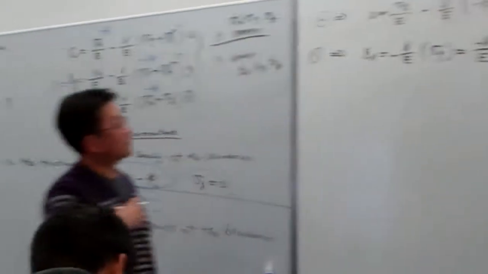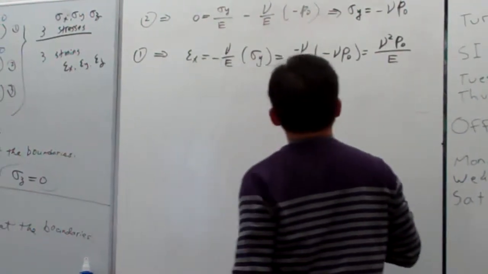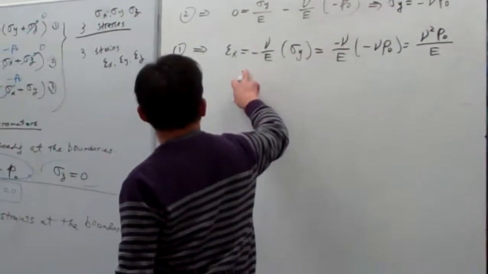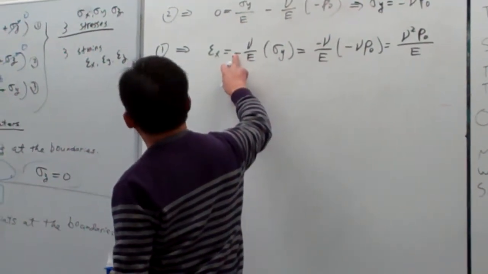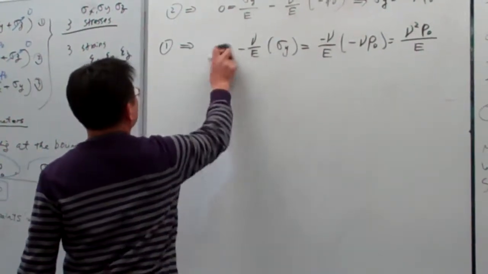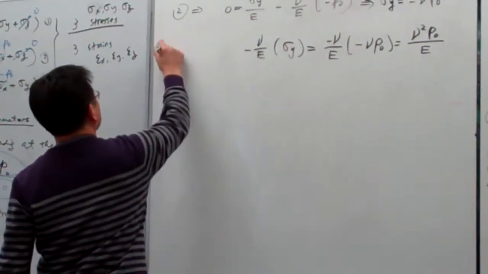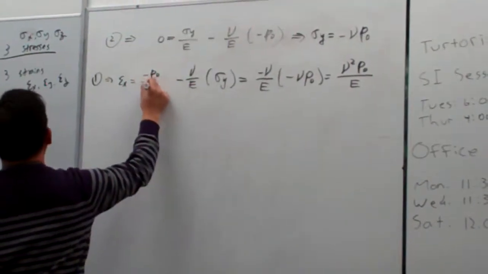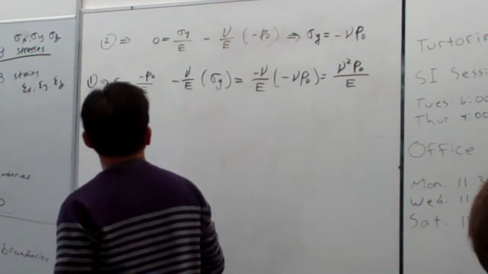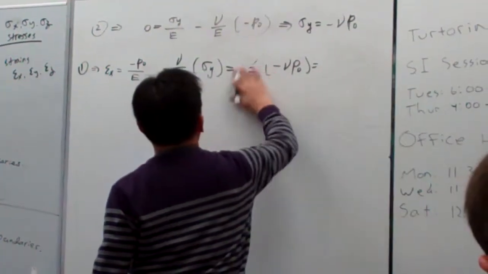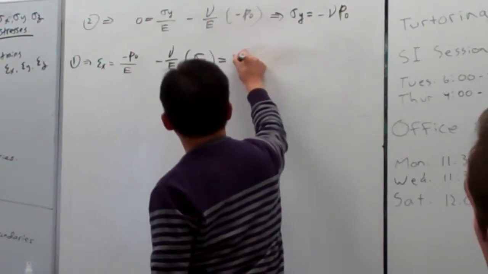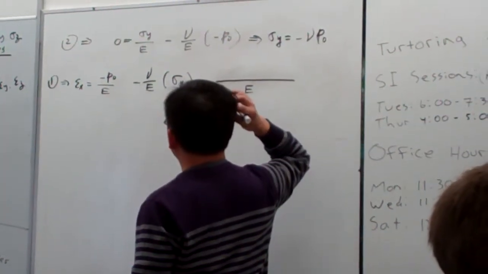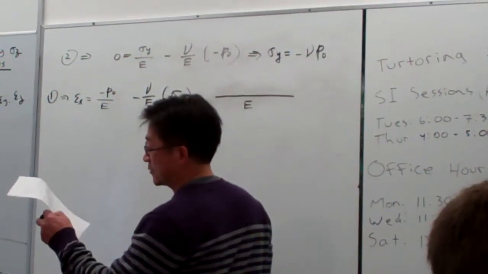Wait a minute, I think you forgot the negative p naught over E. The first part? Right there. Oh, I forgot this one. Right? Okay, so this one should be equal to 1 over E. Let me copy my answer directly.